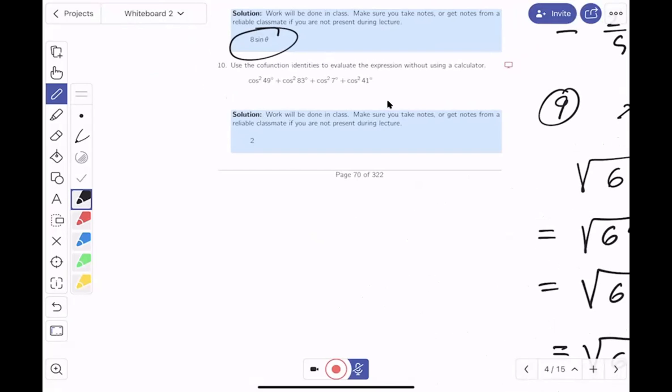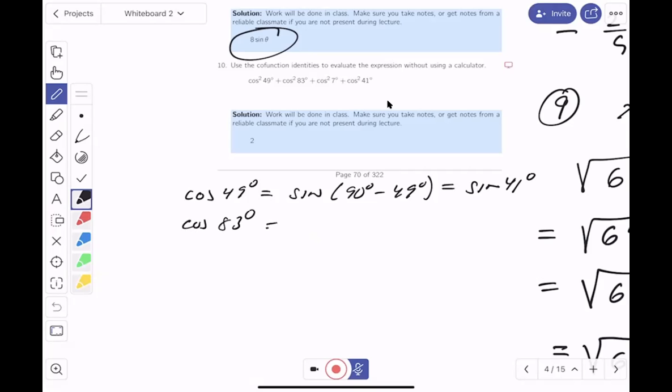And what I notice is that the cosine of 49 degrees is the same thing as the sine of 90 degrees minus 49 degrees, which would be the sine of 41 degrees. The other thing I noticed is a cosine of 83 degrees is the same thing as a sine of 90 degrees minus 83 degrees, which is going to be sine of 7 degrees.